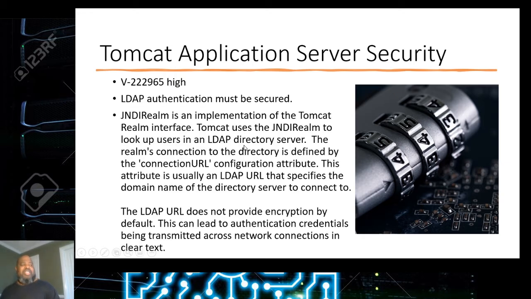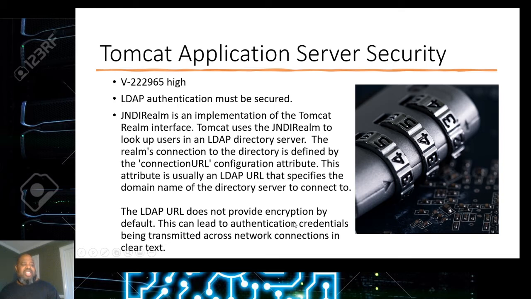If you're using LDAP authentication, it must be secure. The JNDI Realm is an implementation of the Tomcat Realm interface. It uses JNDI to look up the LDAP directory server. The realm connection to the directory is defined by the connectionURL configuration attribute. This attribute is an LDAP URL that specifies the domain name and directory.